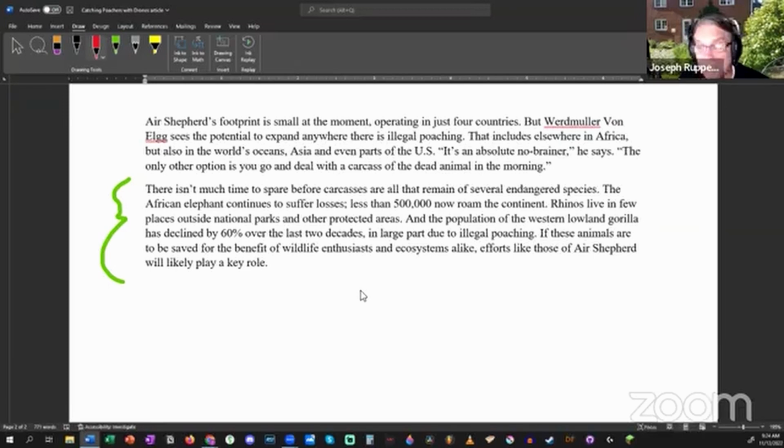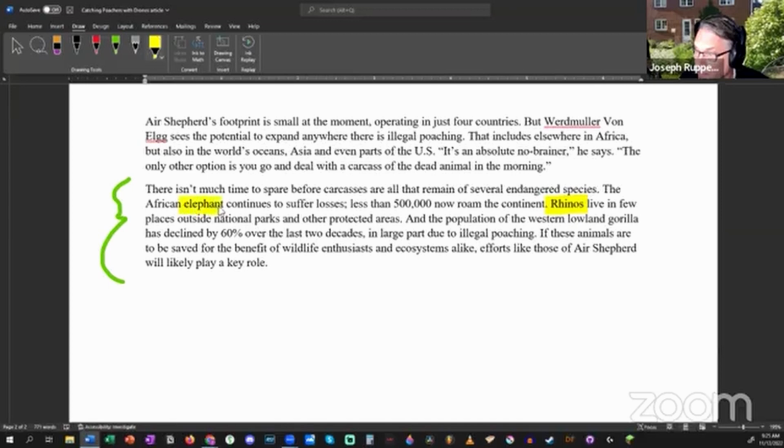All right, so this is our last paragraph. We haven't read through the article. We don't know the information that comes before this. So what can we understand or see from this last paragraph? Well, one thing jumps out. So we talked about rhinos. Two other animals jump out though.